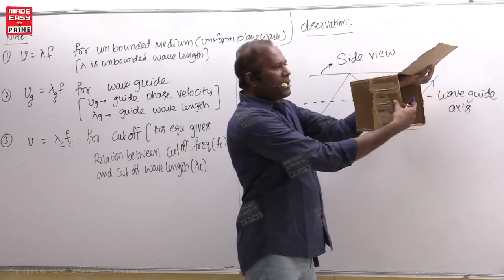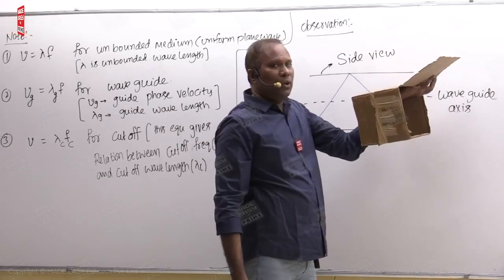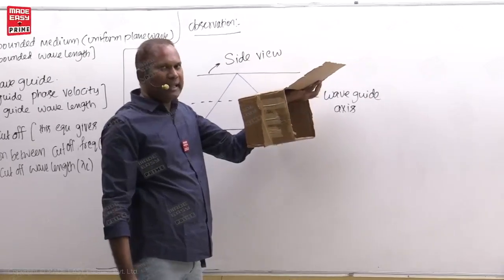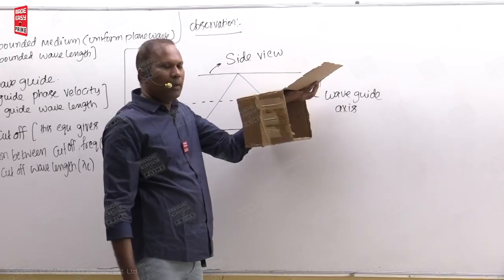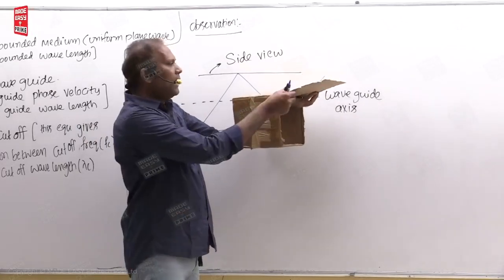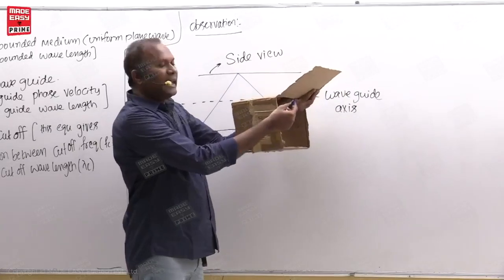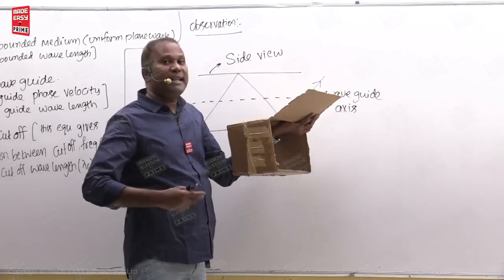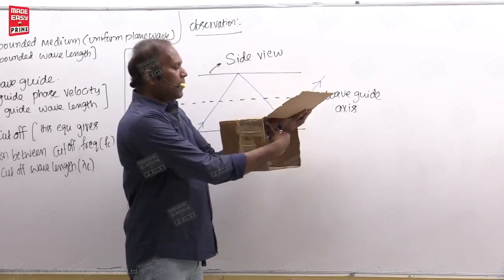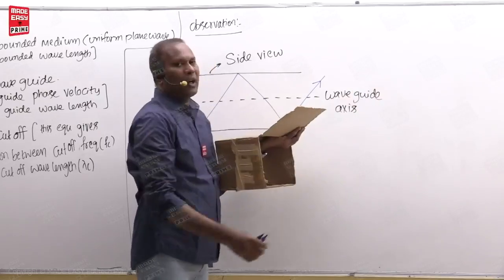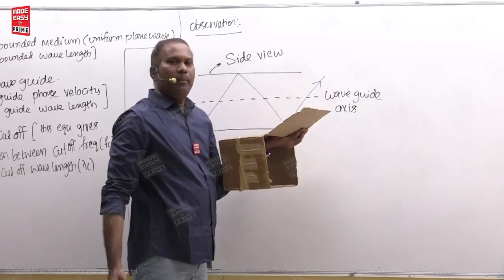In the waveguide, you have seen the impedance is equal to eta g, which depends on the cutoff frequency. We have seen eta g is equal to eta by root of 1 minus (fc by f) whole squared. Then here, if you are doing it like this, meaning the a and b dimensions are changing, then the impedance changes. That means the waveguide has some impedance. This medium has 120 pi impedance.